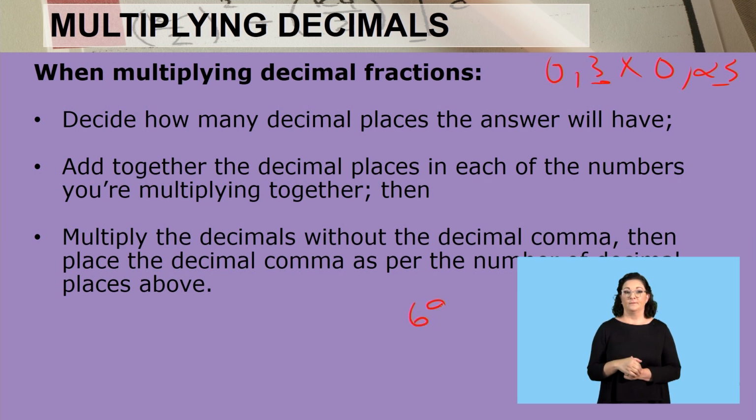Now this is 69, but we agreed that we must have 3 decimal places. So we're going to have a 0 here for the tens and a comma. Now this gives us 3 decimal places, and we can't just leave this. This would now be 0,069. Make sense? You will see as we do examples. Let's move to the examples.